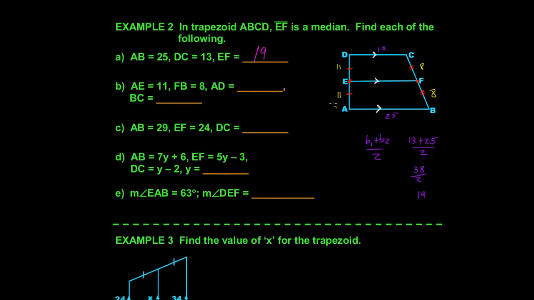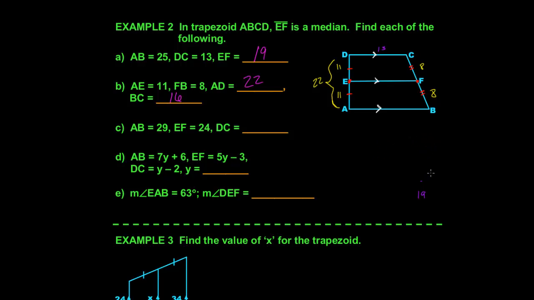It's asking us for this entire length here, which we know is 11 plus 11, or 22. So AD is 22. BC, well, we know the same thing for over there. BC would then be 16. AB is now 29.